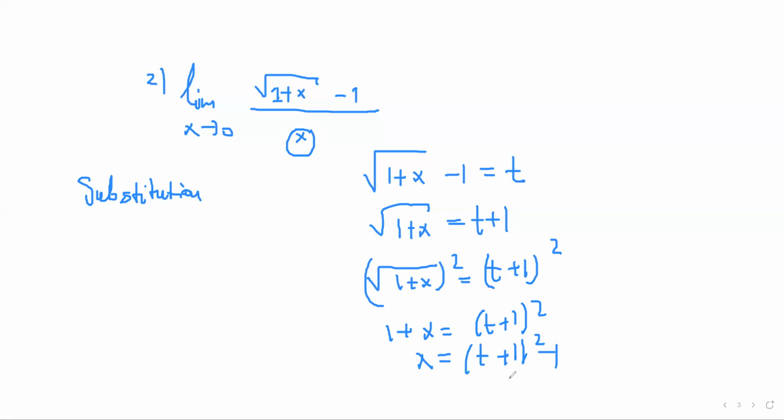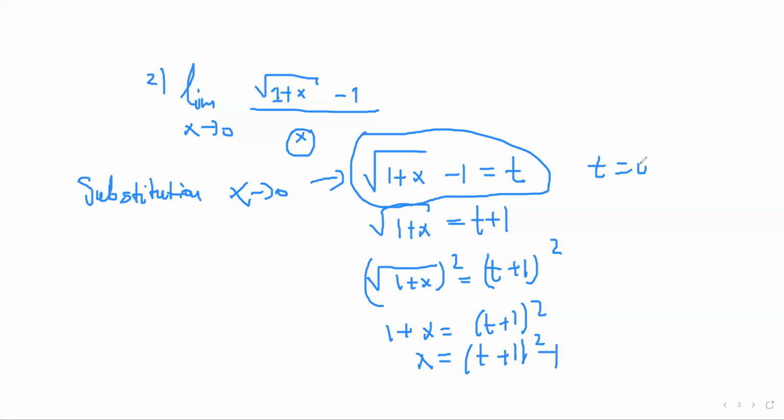So in this method, x tends to 0, so let's write x tends to 0. Then from this substitution, we get t equals 0 too. So you can see when x tends to 0, then t tends to 0. In this case, let's see how our limit becomes.